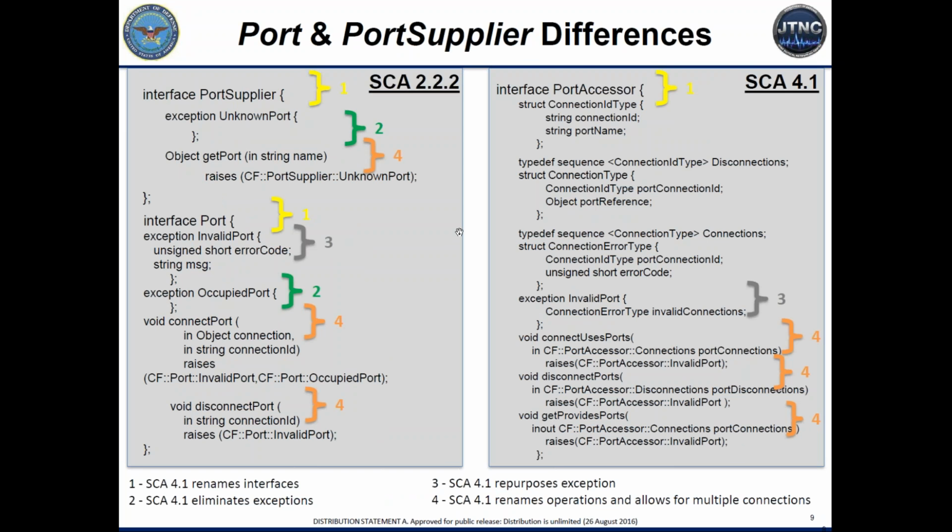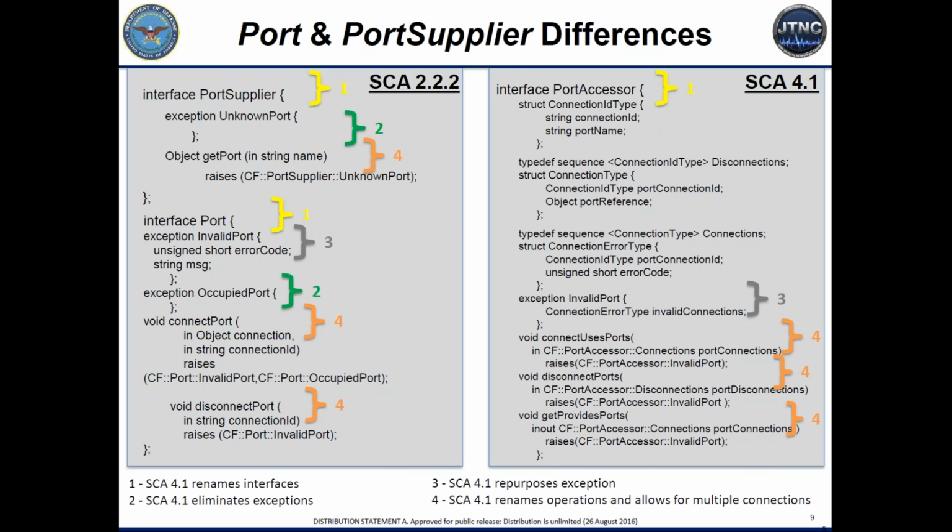Port supplier, going over to port accessor, is really the one element that has a larger change, more of an impact in terms of making that transition from 222 to 4.1.